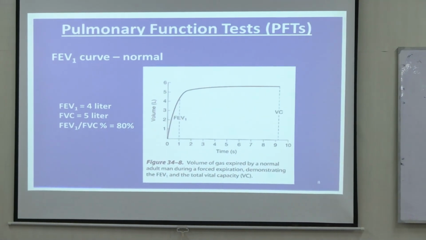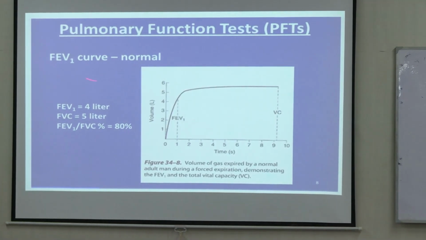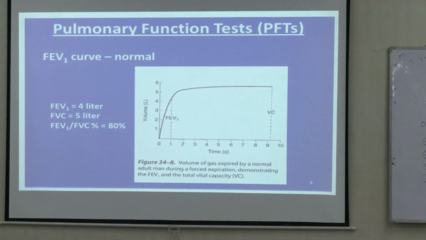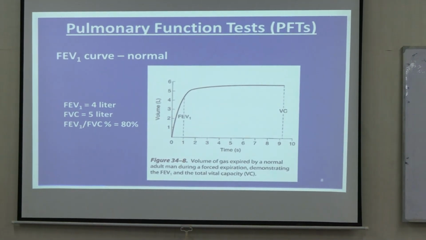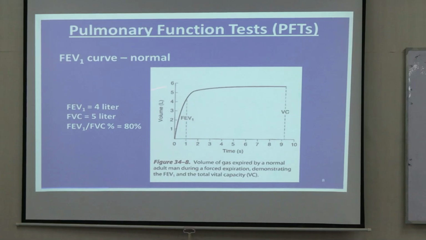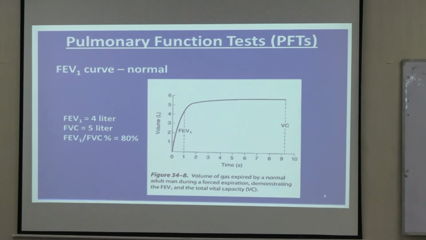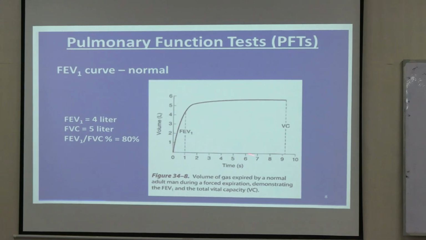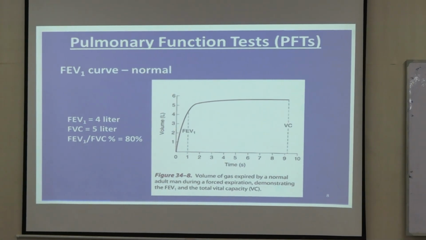I need your attention, please. Very important. This is the FEV1 curve, forced expiratory volume during the first second of forced vital capacity. For a normal subject, it can be plotted using this type of curve. On the x-axis you can see it is time, and on the y-axis it is volume, right?